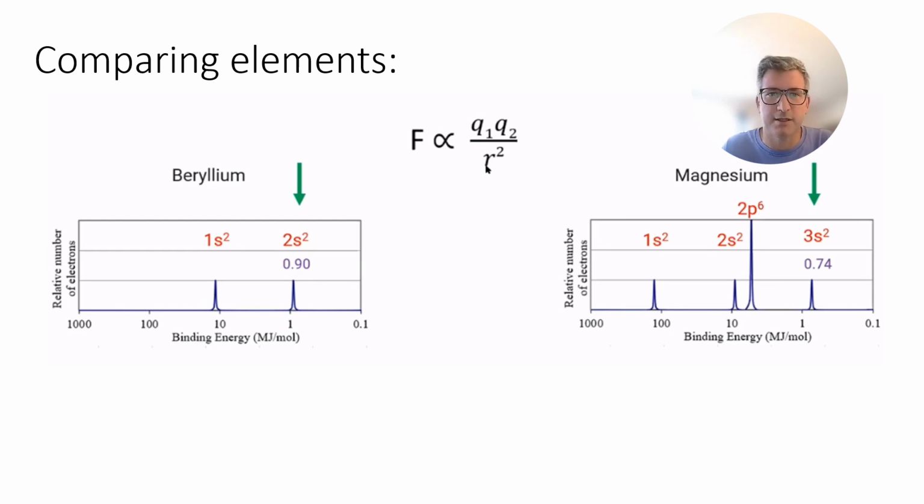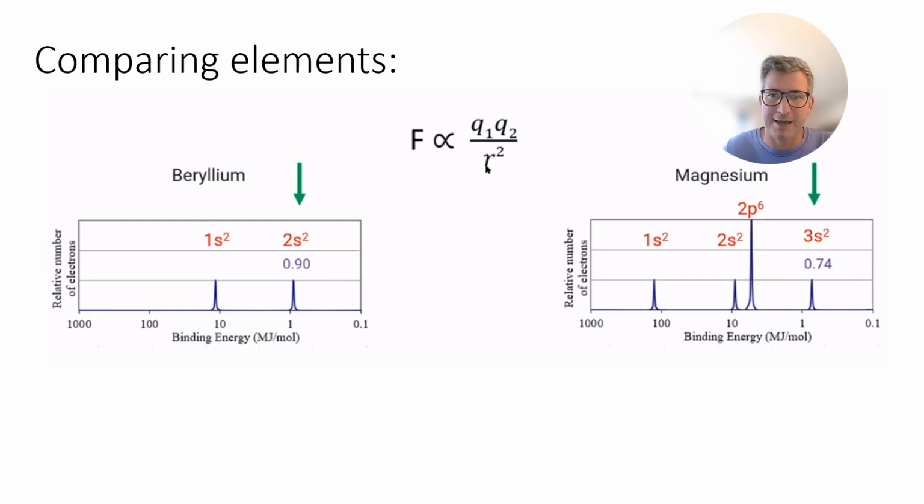Coulomb's law says that force of attraction is going to be proportional to the 2 charges over the radius squared. So in the case of the 2 charges, we're talking about one being an electron and the other being the positive nucleus.